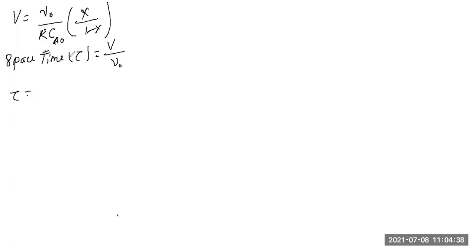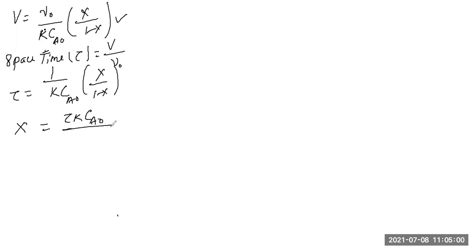Space time: we will divide this volume by nu zero. So what you will get is 1 upon K Ca0 times x upon 1 minus x. When you further solve this equation, you get conversion x equals tau K Ca0 divided by 1 plus tau K Ca0.